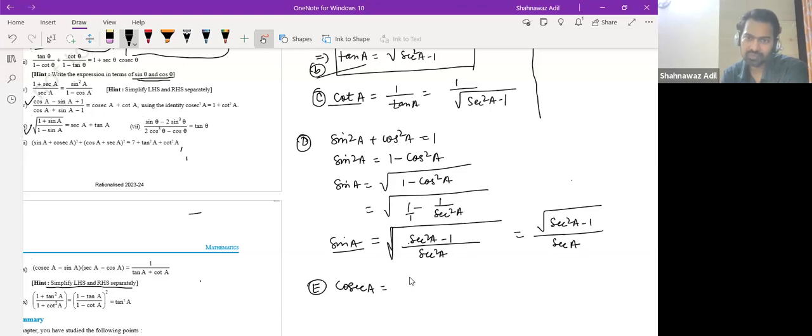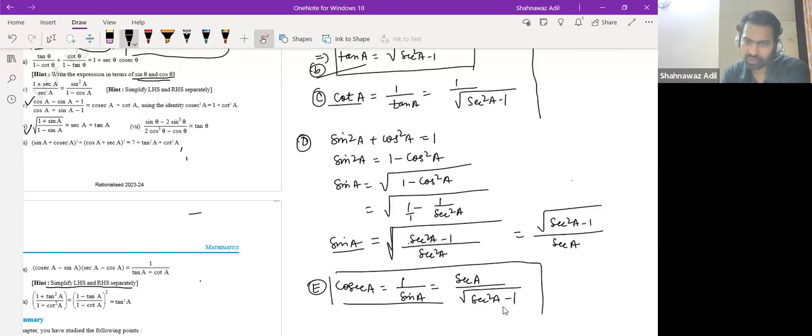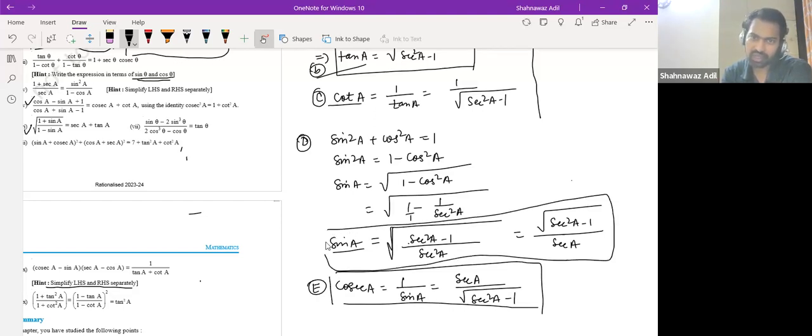Cosec A would be 1 by sine A, right? So then we take the reciprocal of this quantity, which is sec A divided by root of sec square A minus 1. So these are the rest of the trigonometric ratios, all in terms of what? All in terms of sec A, right?